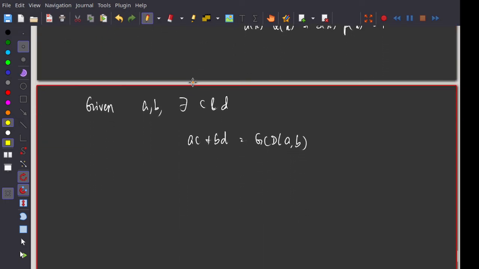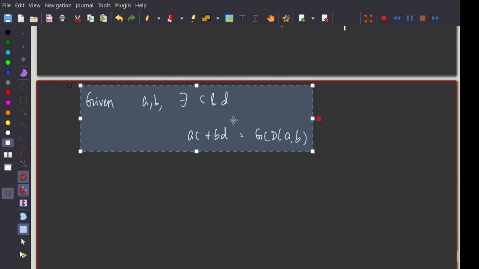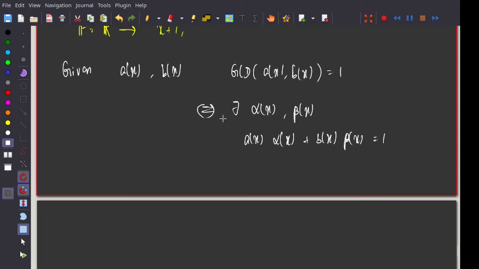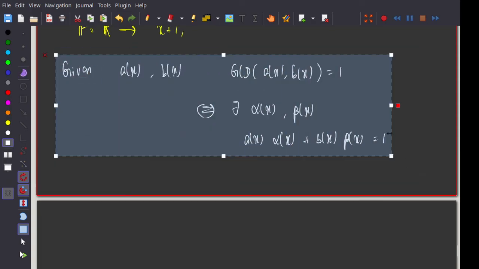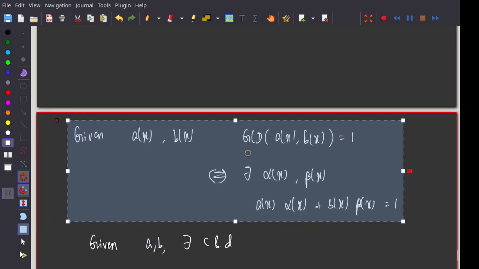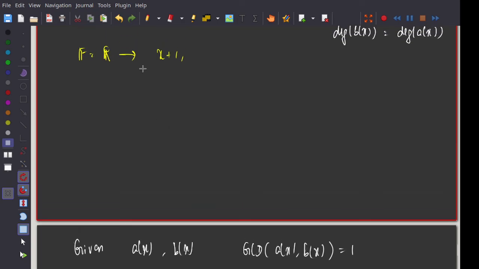Wait, so let's try to answer this question first. Are all degree 1 polynomials irreducible? Yes, no? Yes. Why?